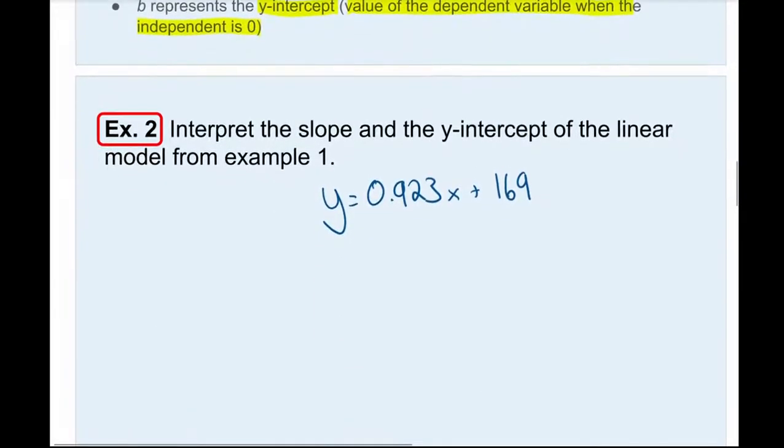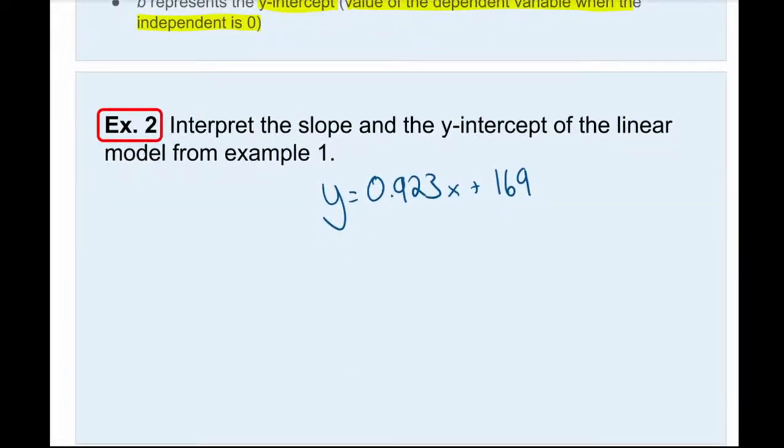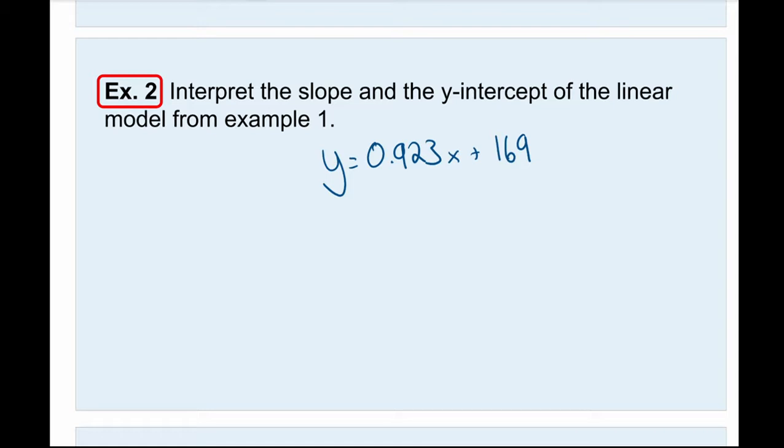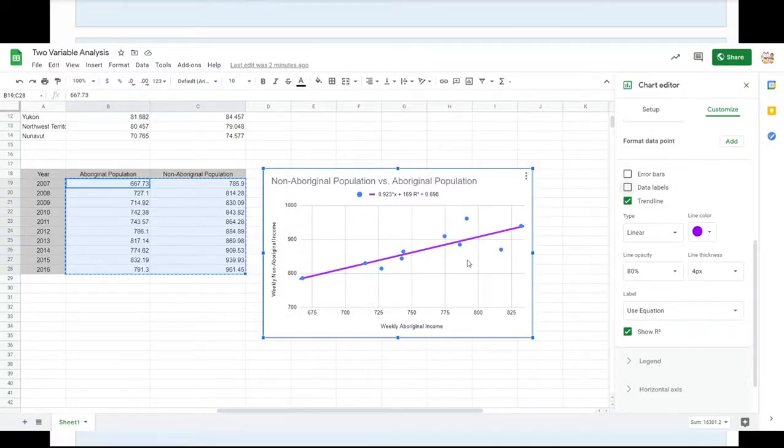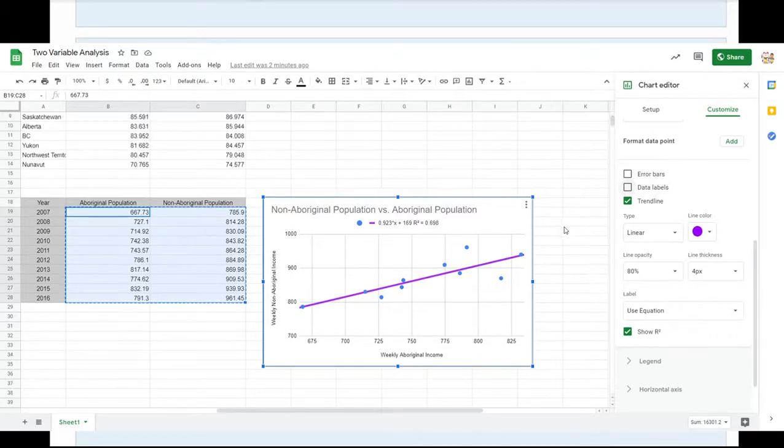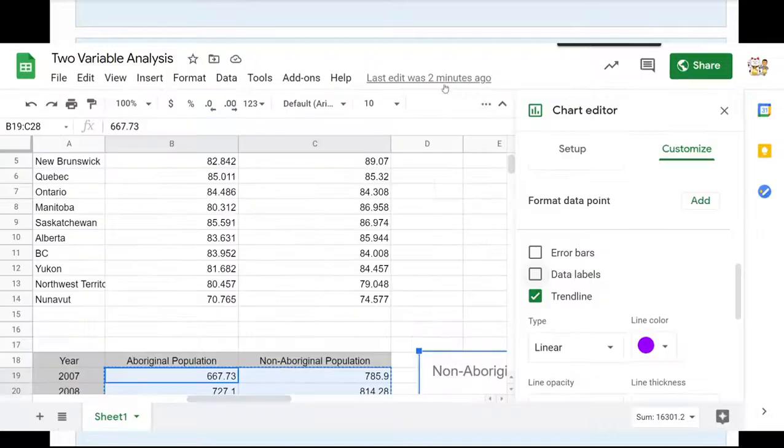So in example 2, I want to interpret the slope and the y-intercept of the linear model from example 1. So I've written it down from my graph, and again, that's why we want to create that label to get that equation so we can clearly see it on our graph.